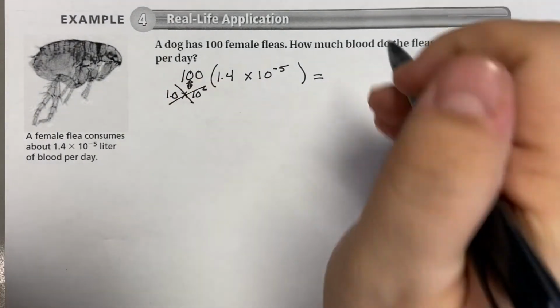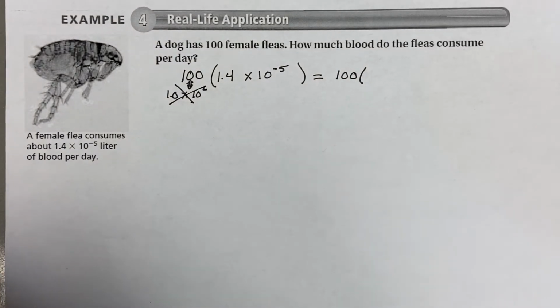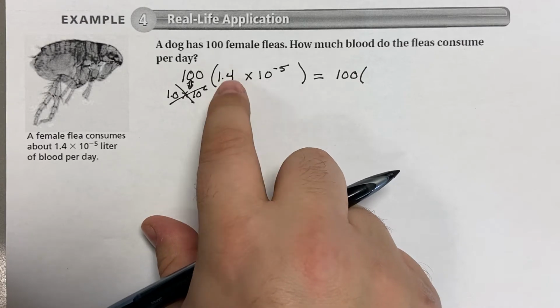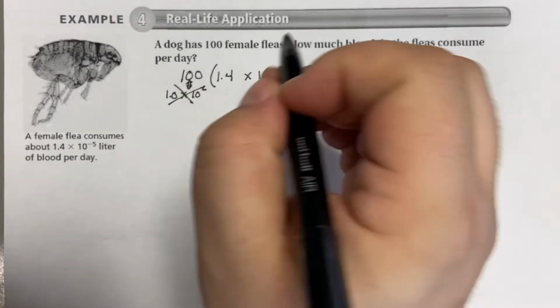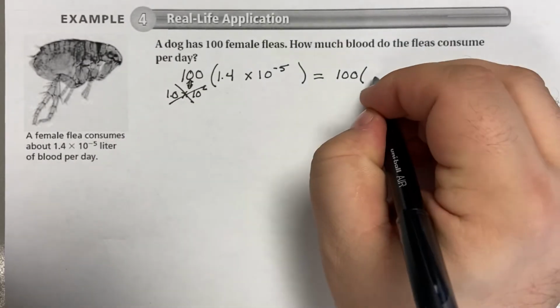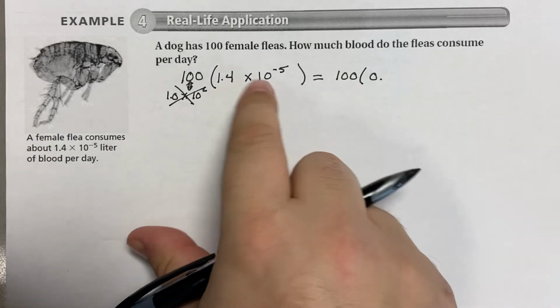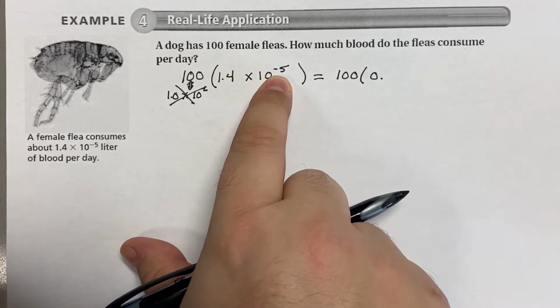So what we want to do instead is keep that 100, because that's pretty easy to work with. But then I'm going to need to take this number here and convert it to standard form. So what I've got to remember is I'm going to have to start with a 0 point, because I know I'm going to go to the left, because this number is negative. Now, how many times?